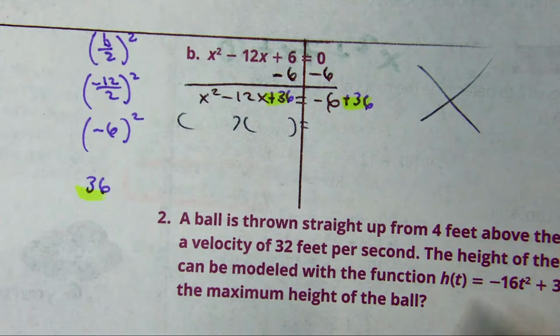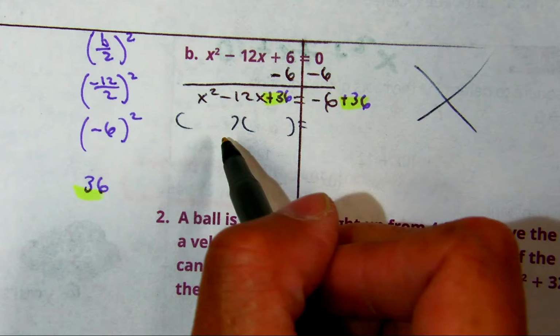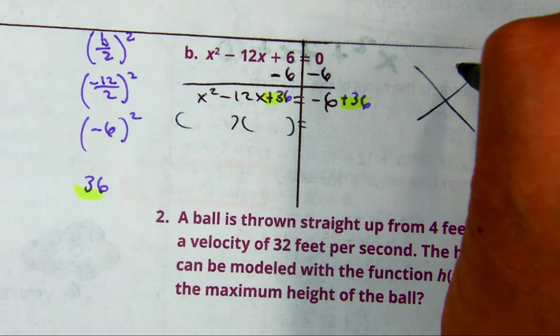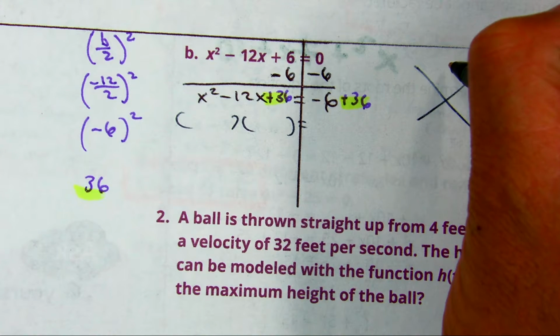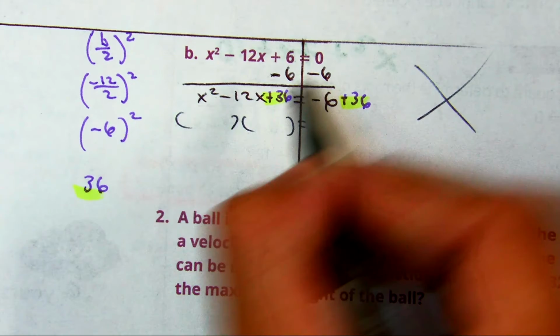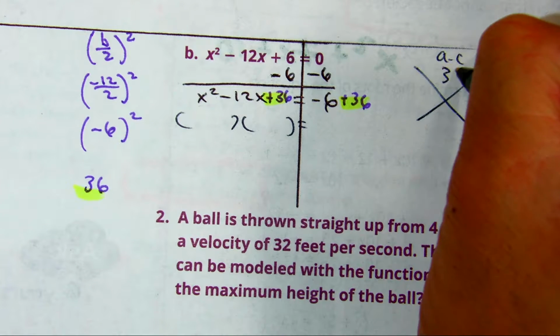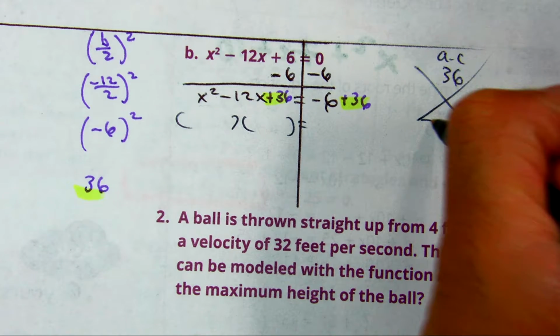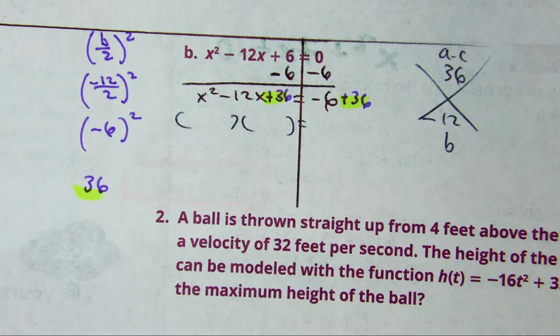Do you want to do the x, or do you already know the answer? What do I write here? Correct. A times c is 36. Negative 12 is your b value. We need two numbers that multiply to be 36 and add to be negative 12.